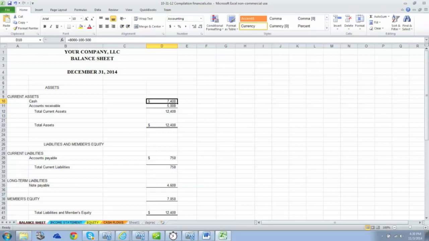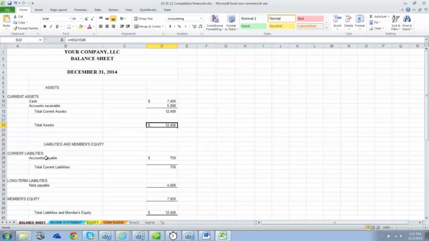You borrowed $5,000 from the bank and you brought in $3,000 personally, minus $100 for the supplies that you paid for, minus $500 for the note payable that you paid off the first month of the bank loan. The AR, or accounts receivable, is just that $5,000 that you have not yet received from your customer. So that's total assets right there of $12,400.